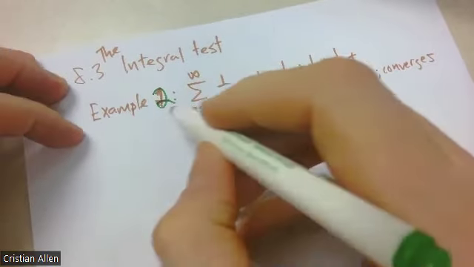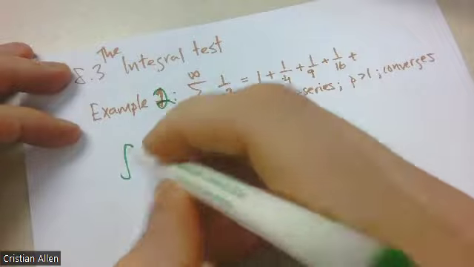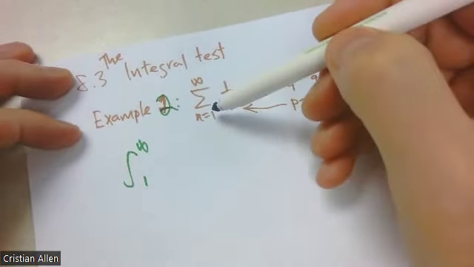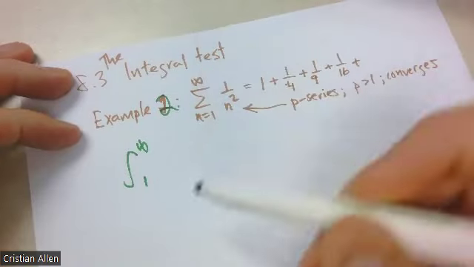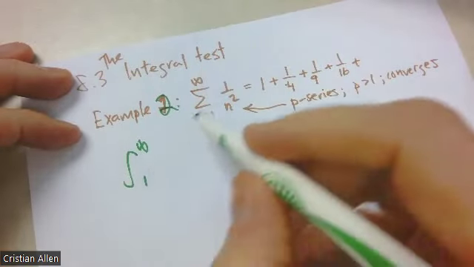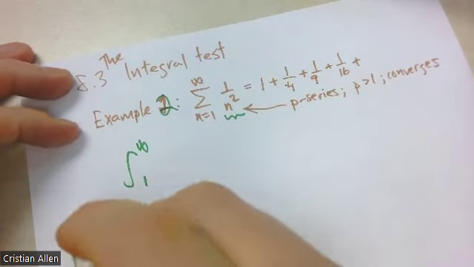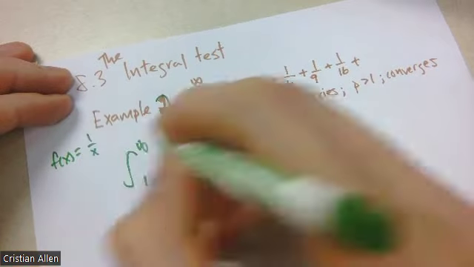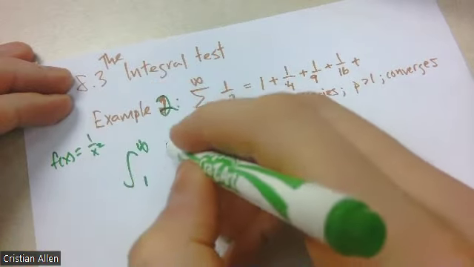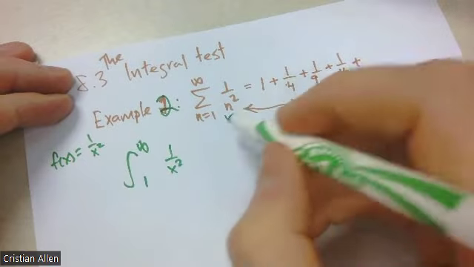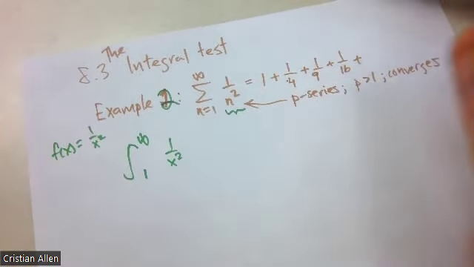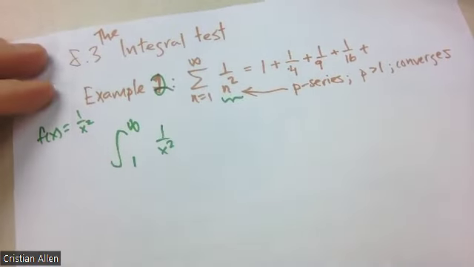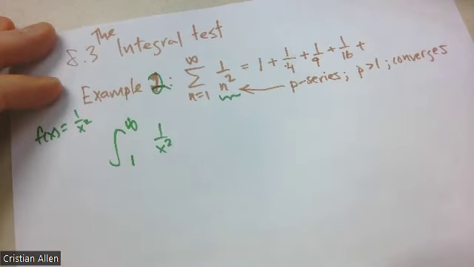So it says this will converge if the integral from 1 to infinity, since this one is 1 to infinity, the integral from 1 to infinity, now you take this and you basically make the function where x is wherever you see the n. So it says, hey, this guy will converge if this integral converges. And what we mean by that is just, is the integral a finite number?